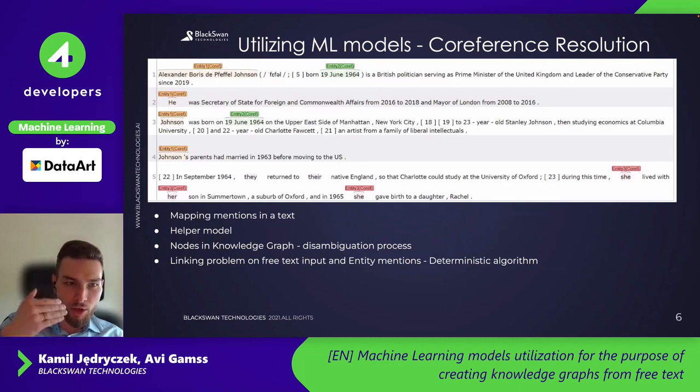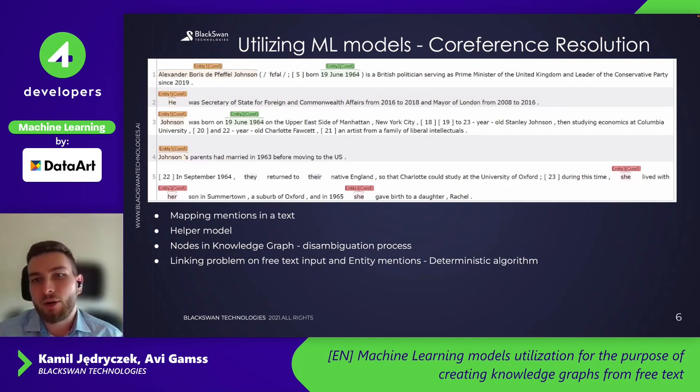So you are going from Boris Johnson to "he", and then to this title, right? But for the sake of readability, we are just merging it. We are saying, all right, let us tag this node as Boris Johnson, and we don't like to have any he, she, or her nodes in our graph.